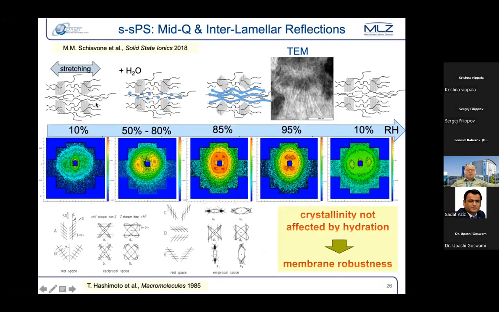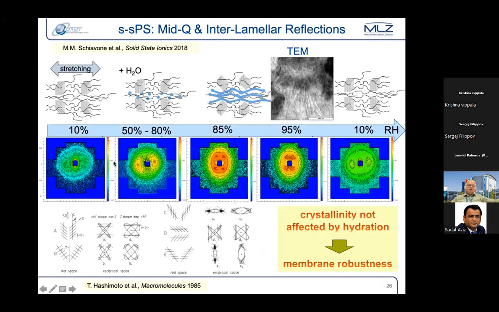So what happens when we increase the hydration of the membrane? First, up to 80%, we still see this interlamellar peak in this experiment. The membrane was placed in the beam with the stretching axis horizontal. That's why the interlamellar peak is seen on the equatorial sector this time.